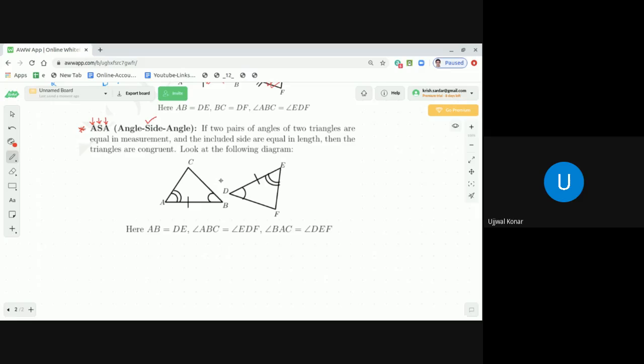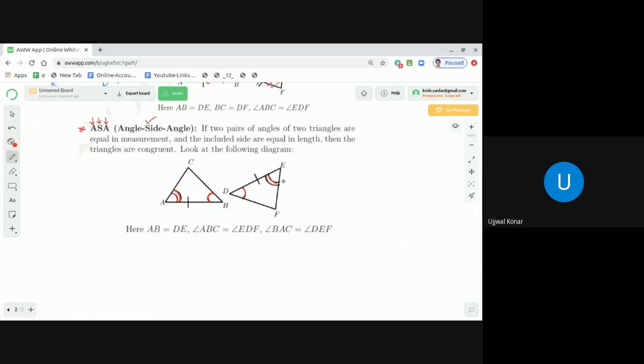If you look into these two triangles, what you see is that the angle ABC is equal to angle EDF, and the angle BAC is equal to the angle DEF, okay.